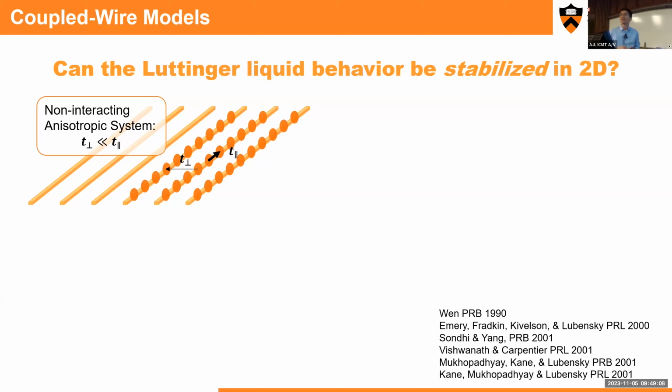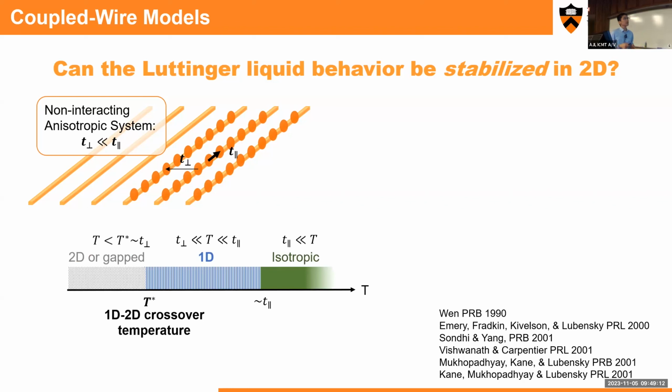The question is, in such a coupled wire system, if you have an electron sitting in each independent wire, and they have some coupling in between, what's the situation at very low temperature, and what kind of phase is going to form?